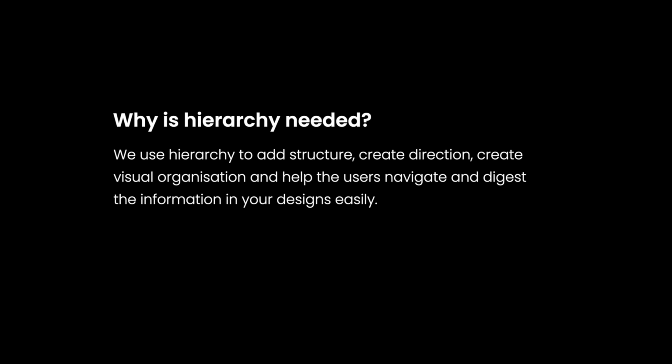It makes it easy for viewers to scan your designs and understand the important thing they should look at first, because they have a very limited attention span. You should show them what is really important first, and the actions needed on a particular design, then the rest of the things.